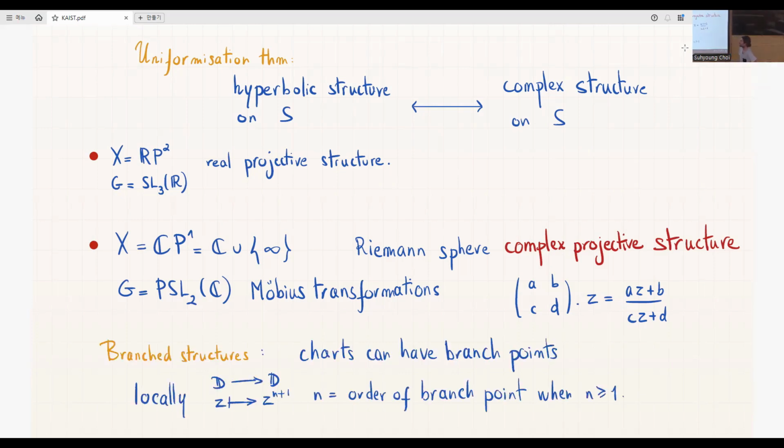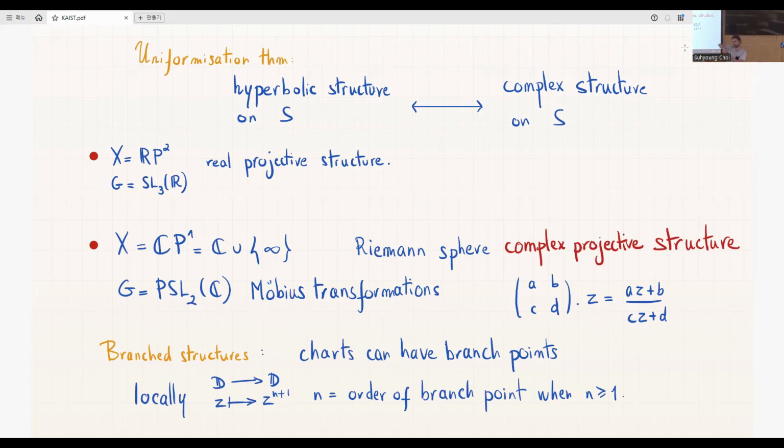One thing maybe a bit less classical is that I want to consider branched structures. So I want my charts on the surface to possibly have branch points. They can be ramified, meaning that my charts are locally conjugated to the map from the unit disk to itself, z maps to z^(n+1).